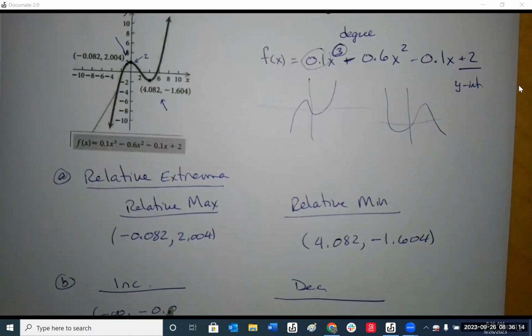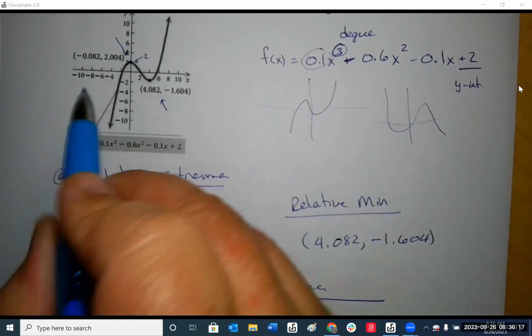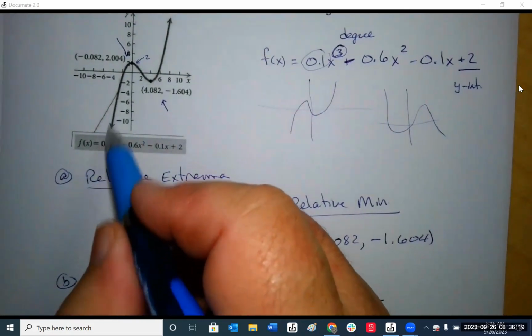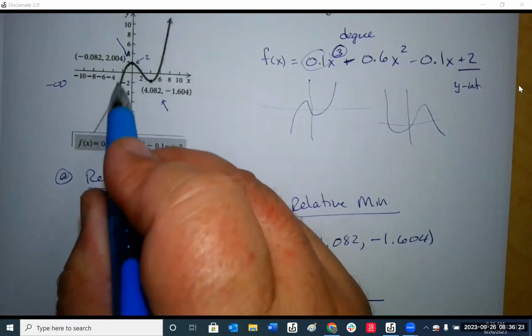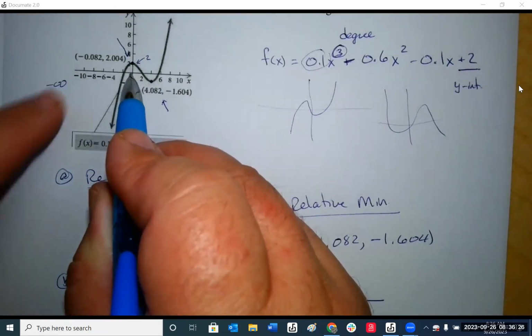It's increasing. This line goes on forever and ever, so it goes from negative infinity all the way up to this point here. What's the x value?